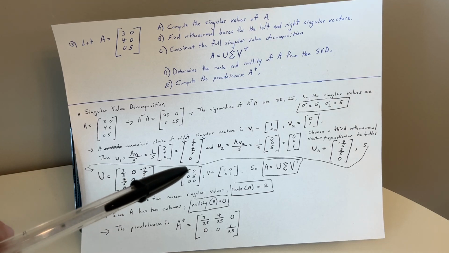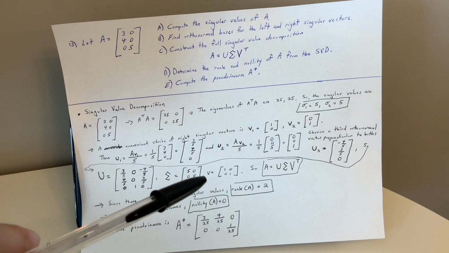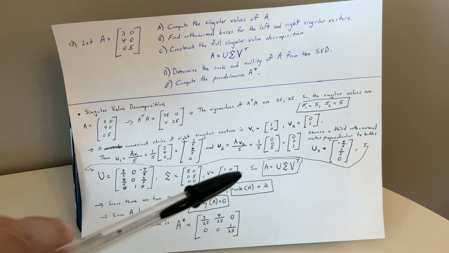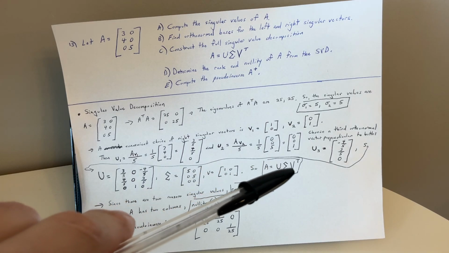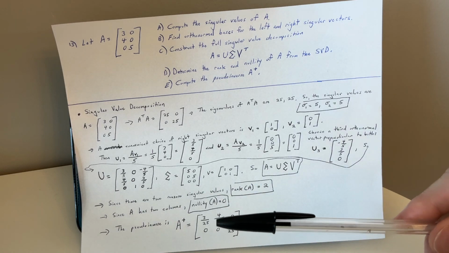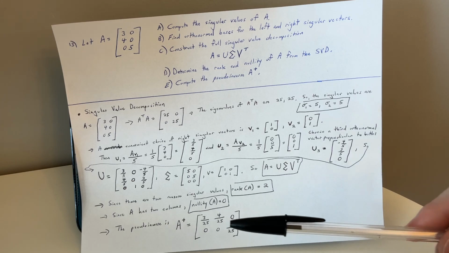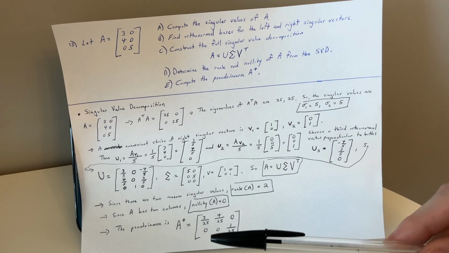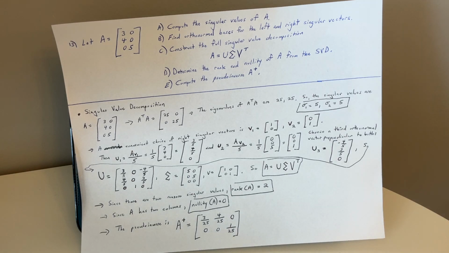Sigma is the matrix with rows 5, 0, 0, 0, 5, 0, and V is the identity, 1, 0, 0, 1. So A equals U sigma V transpose. Since there are two non-zero singular values, the rank of A equals 2. Since A has two columns, the nullity of A equals 0. And the pseudo-inverse here is 3/25, 4/25, 0 in row 1, and 0, 0, 1/5 in row 2.